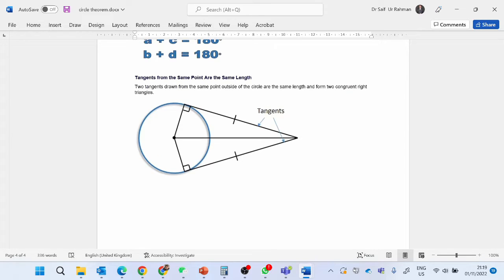The next one is: tangents from the same point are the same length. If there are two tangents that originate from the same point and touch the circle, these two tangent lines will have the same length.